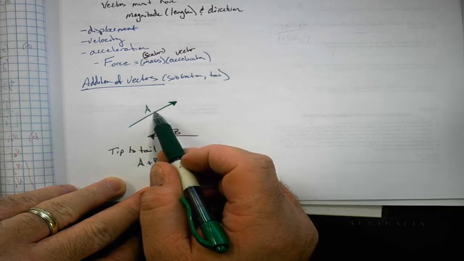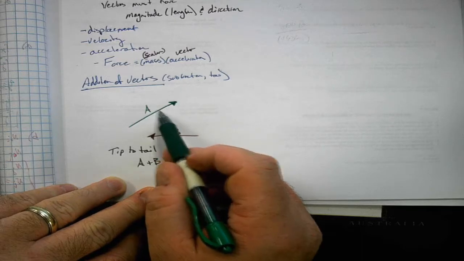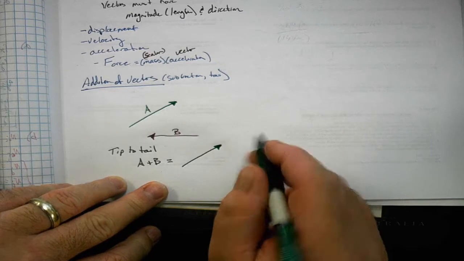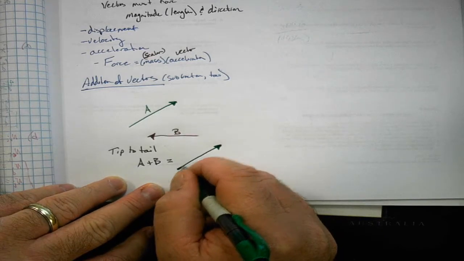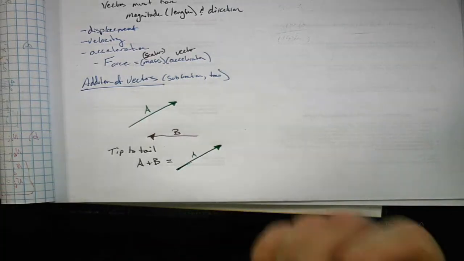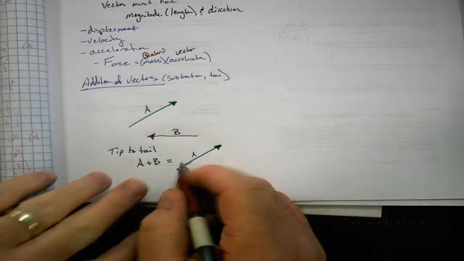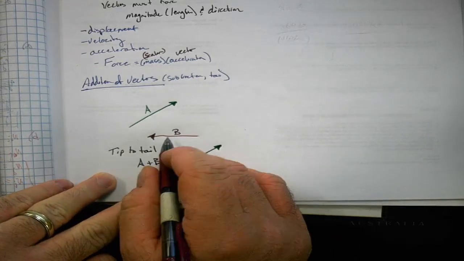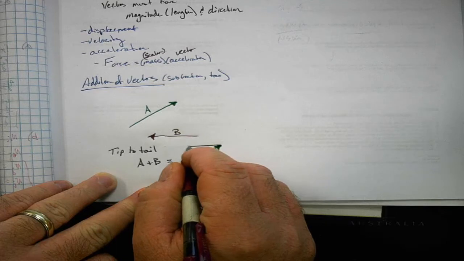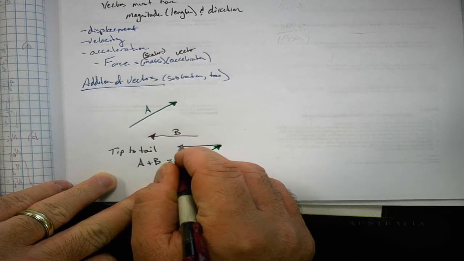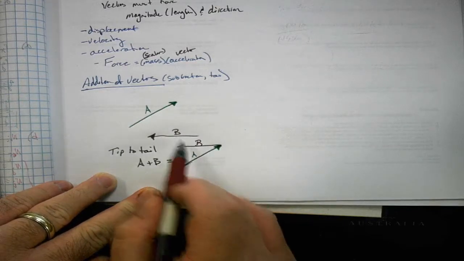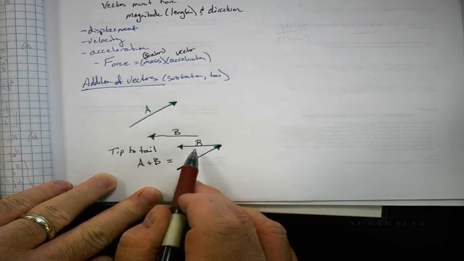Same angle, same general angle, same length. Because the angle is the direction and the length represents the magnitude, although I could probably go a little bit longer for the length. Okay, B, we want to do the same thing, except we're going to put the tip of A at the tail of B. So I tried to duplicate this vector right here.